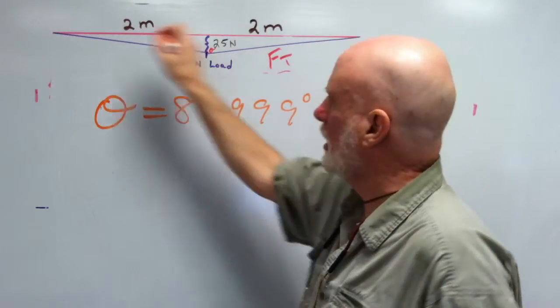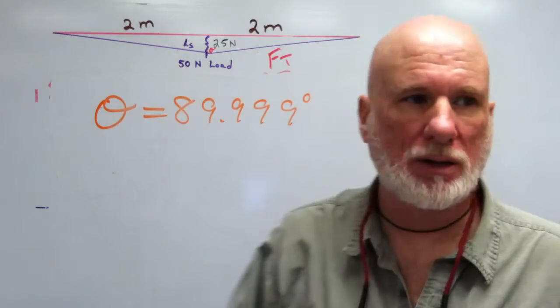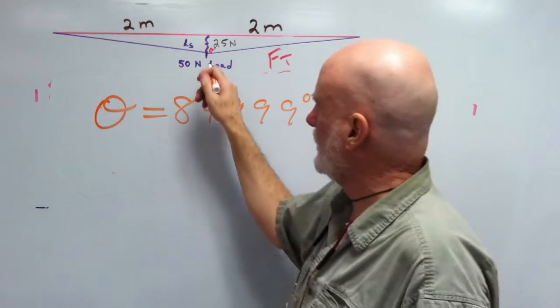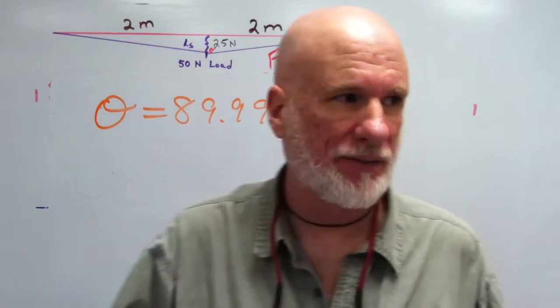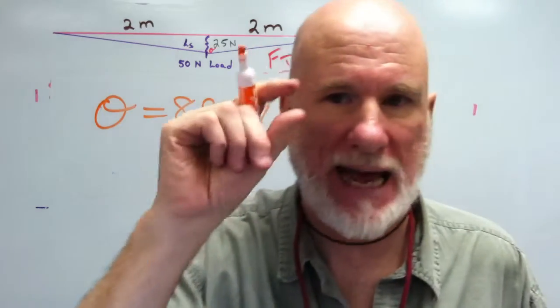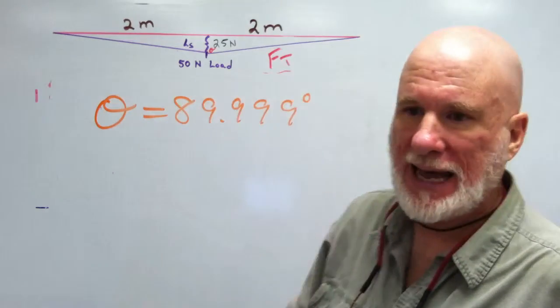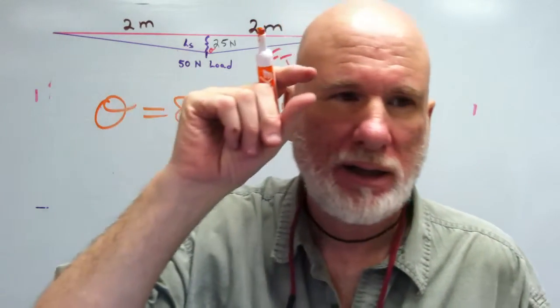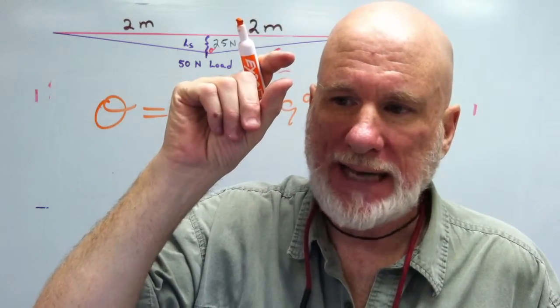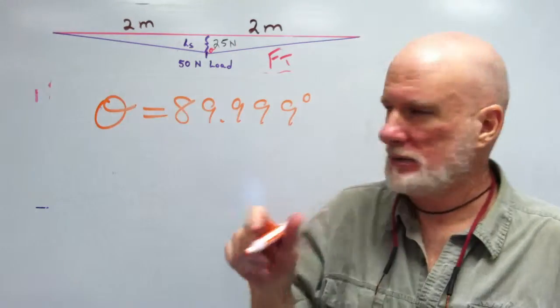So we have a 4-meter cord, a 4-meter clothesline, with a 50-newton load hanging from it, and we want to know how much it's going to sag. It sags so little that the angle is actually 89.999.